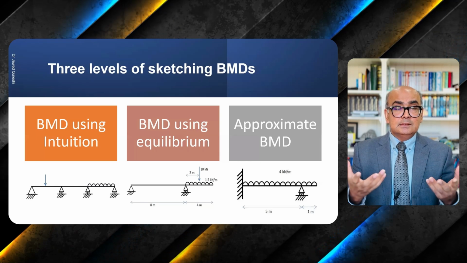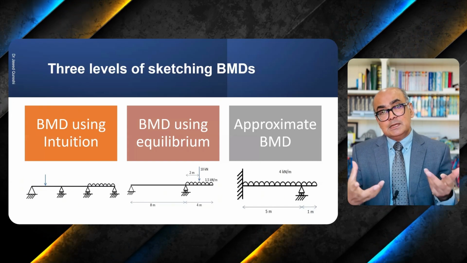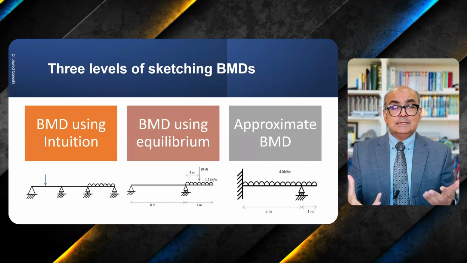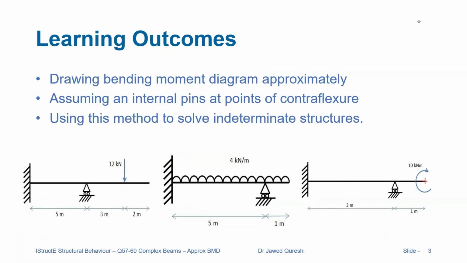In this third level, I will be solving 4 examples to make you understand how we apply these techniques to real structures. In this lecture, I want to focus mainly on drawing bending moment diagrams, but approximately.